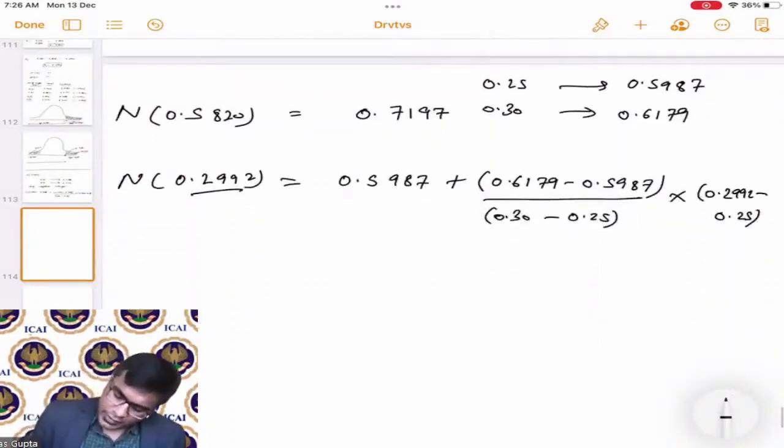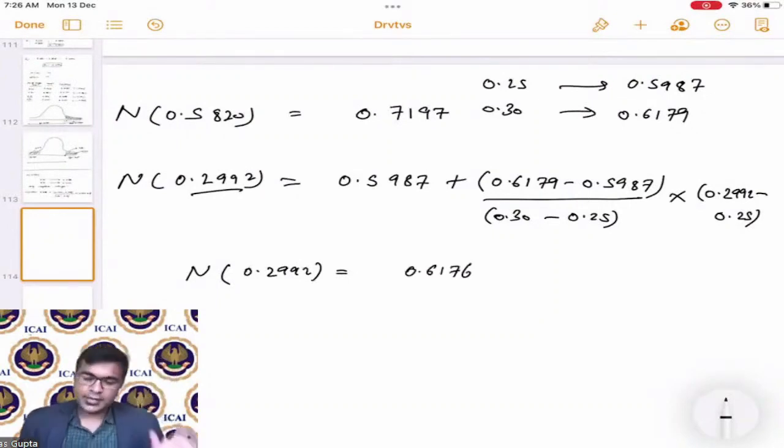So hence, using this, N(0.2992) comes as 0.6176. This is again using the interpolation technique. So ND1 and ND2 are calculated.